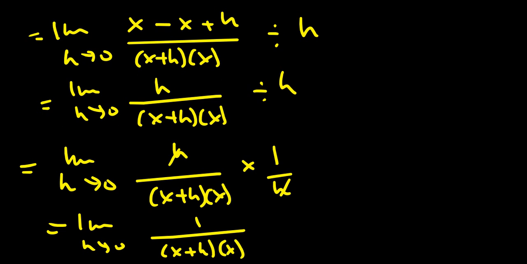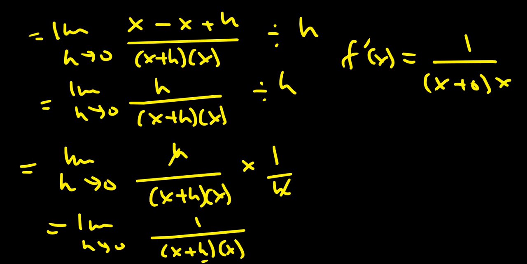Then here I can replace my h with 0, then I'll just have f prime of x being equal to 1 over, so when I replace there, I have x plus 0, then x, like that. And this x plus 0 is just x, then x multiplied by x, I get x squared. This will be 1 over x squared.